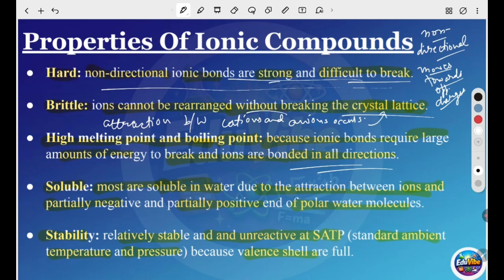For example, if asked why ionic compounds have a high melting and boiling point, just write that ionic bonds require a large amount of energy to break, as the ions are bonded in all directions. You can use your own words, but it should be precise and correct.